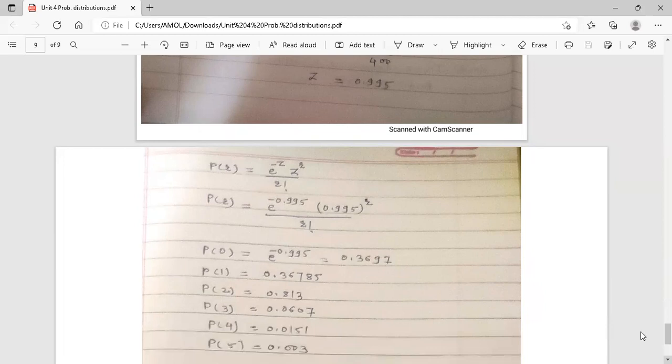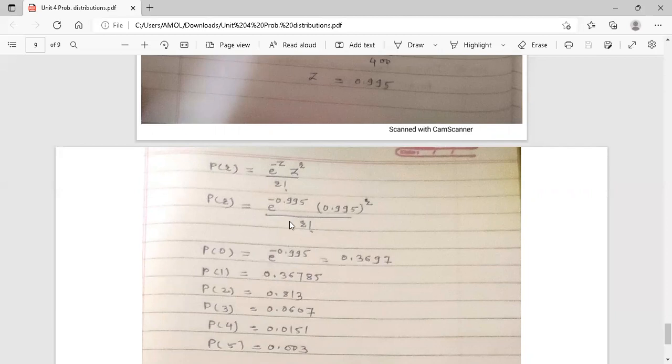Now put r is equal to 0. The values of x are here 0, 1, 2, 3, 4, 5. We put r is equal to 0 in this formula and calculate the value. 0 factorial is 1, and 0.995 raised to 0 means 1. e raised to minus 0.995, its value is 0.3697. Then put r is equal to 1, probability of r is equal to 1.